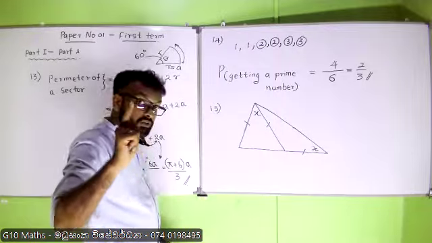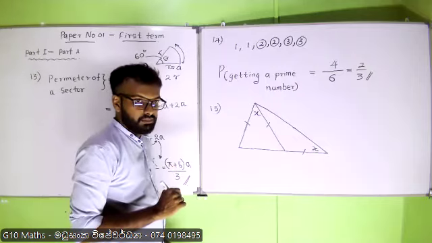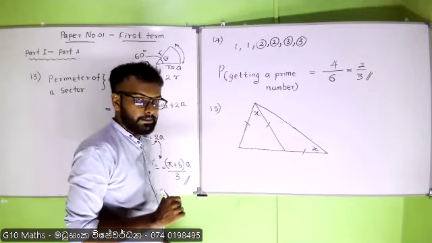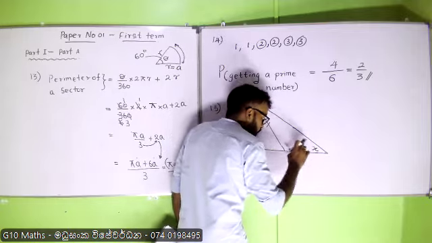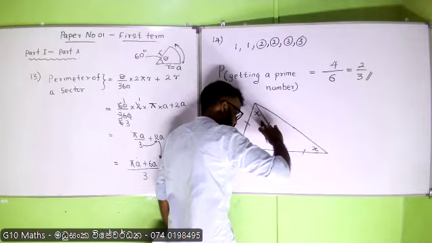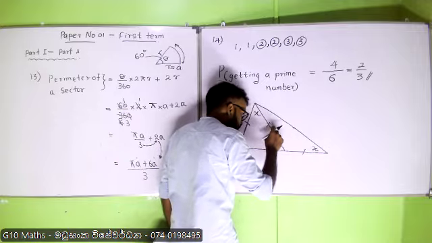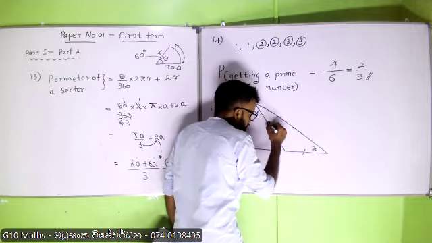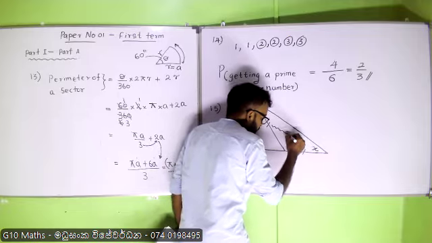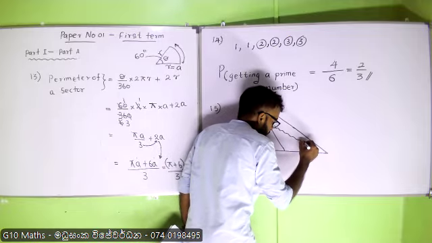Okay. Now, by using the isosceles triangle theorem, you need to know, right? If you have equal sides of an isosceles triangle, the opposite angles for those sides are equal. The opposite angle for this side is x.